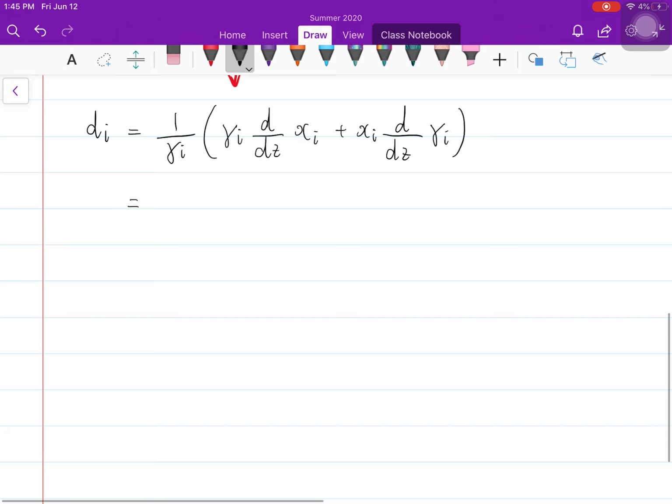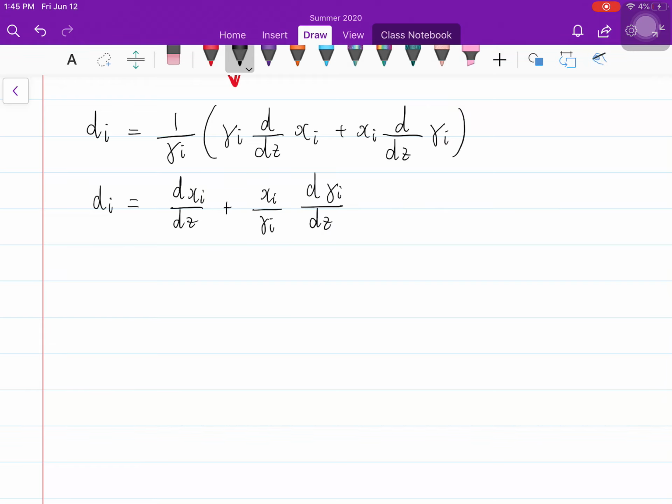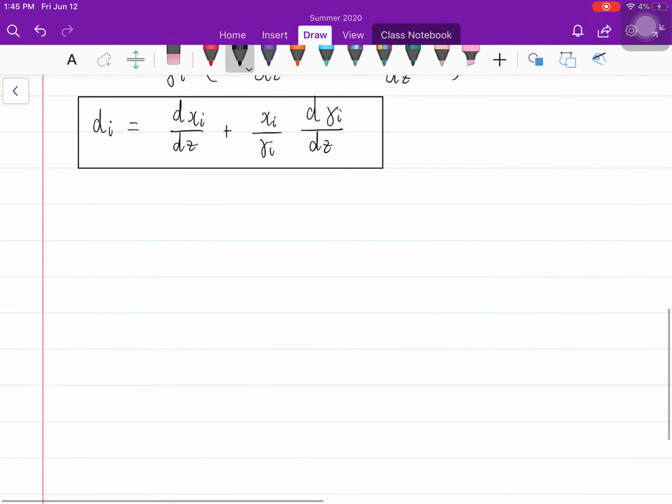Next, I will open the parenthesis. So we have d_i equal to dx_i over dz plus x_i over gamma_i times d gamma_i over dz. So from equation 1.30, we have this.